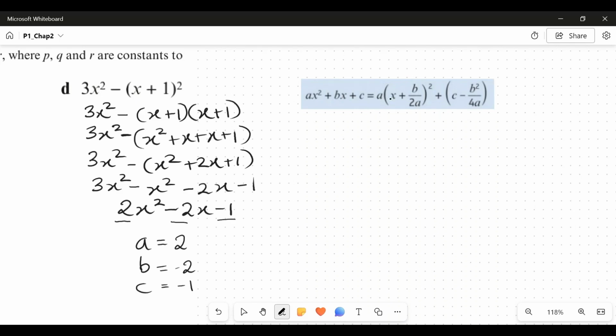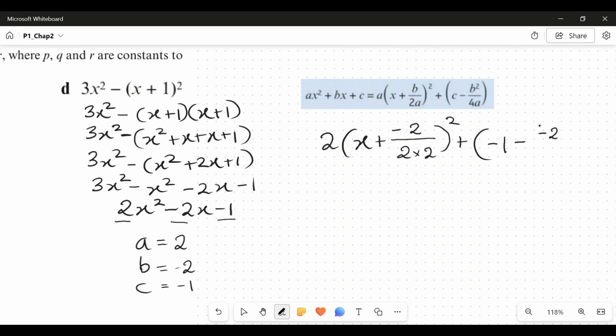That's going to be the value of a, 2, times x plus b, b is minus 2, divided by 2 times a. The value of a is 2, so that's 2 again, whole square, plus, then we have inside the other bracket c. The value of c is minus 1, minus the value of b, which is minus 2.